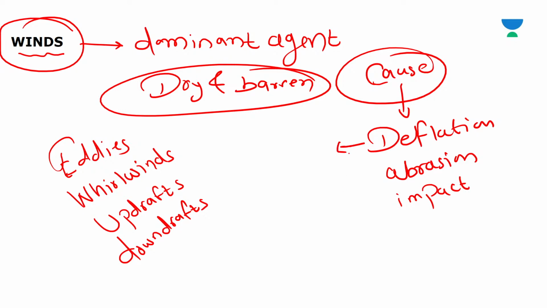So this deflation includes lifting and removal of dust and smaller particles from the surface of rocks. In the transportation process, sand and silt act as effective tools to abrade the land surface.